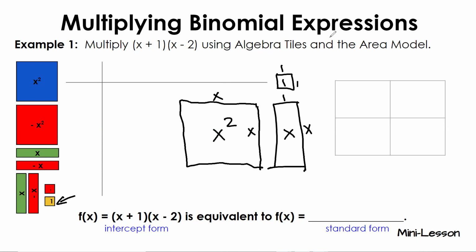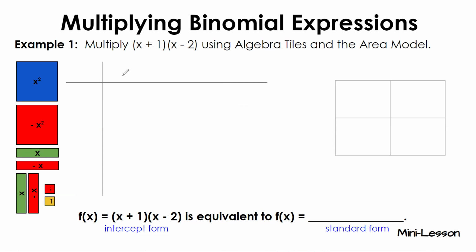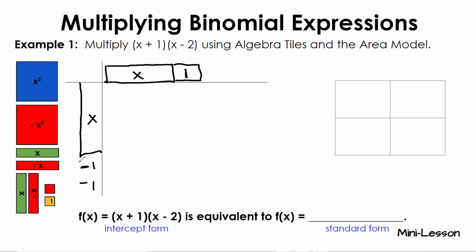Okay. All right. So we're going to take x plus 1. So we're going to draw x plus 1. So this is a 1 tile. This is an x tile. And then we have x. And then minus 2. So we're going to do a minus 1, and then another minus 1 tile.